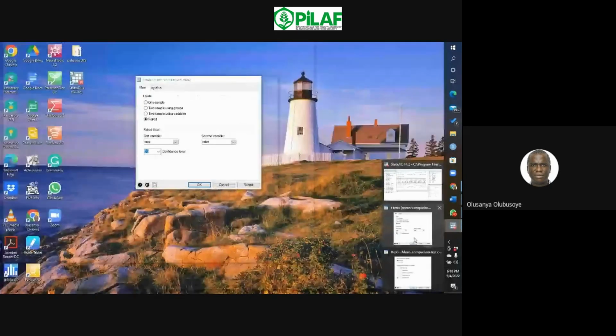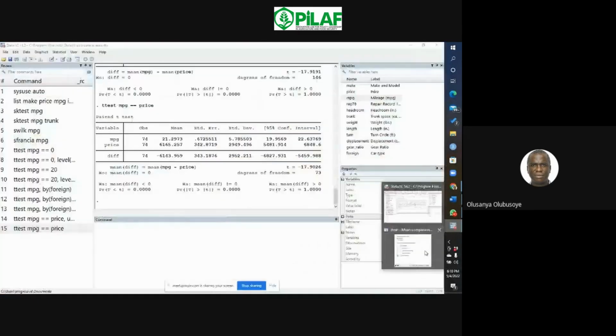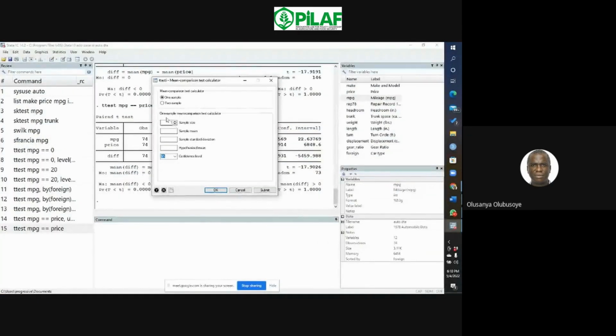But maybe what you have is information about the sample size. Maybe I know the sample size to be equal to 20. And apart from that, I also know that the standard deviation is 15.8.